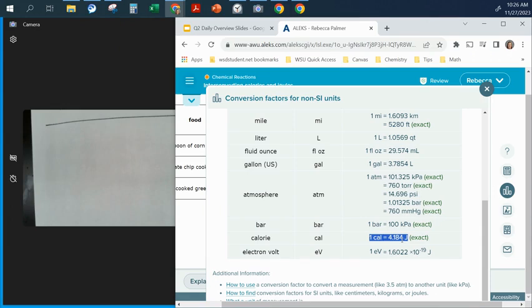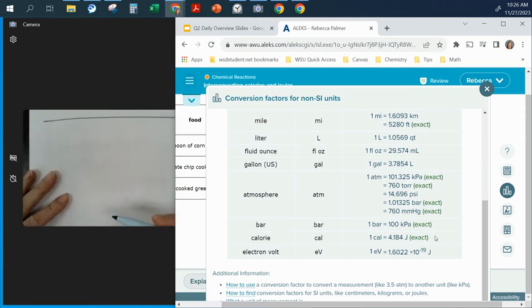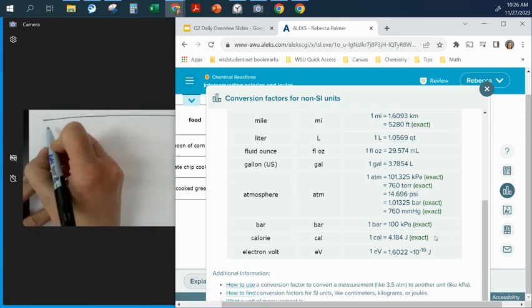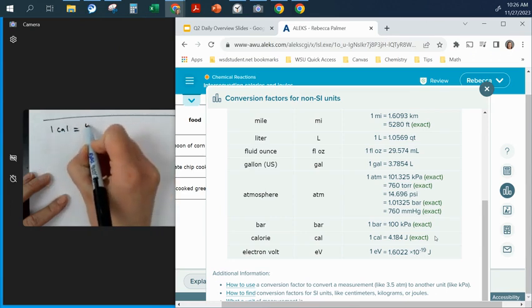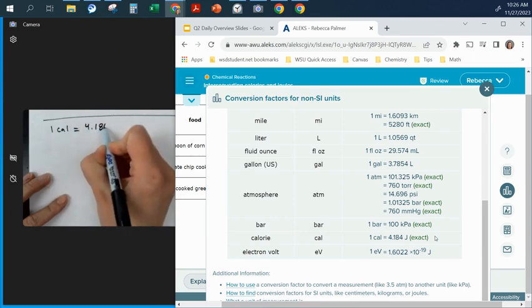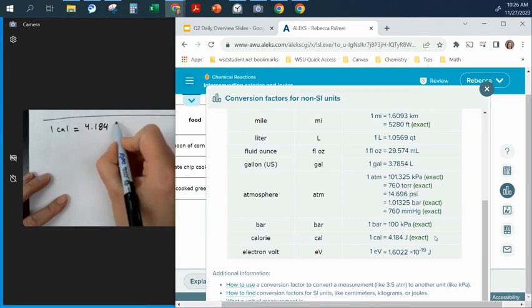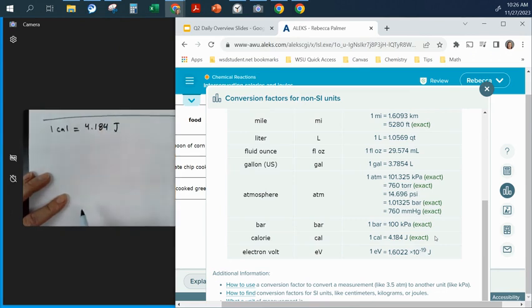So you can find this in ALEX. I would write this on my note card just because I know I'm going to use this on the chapter 6 test, so I would put this in my notes. So 1 calorie is the same as 4.184 joules. Okay, and then I'm going to do something tricky.